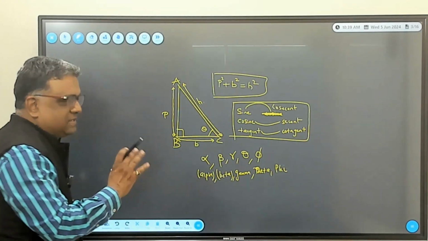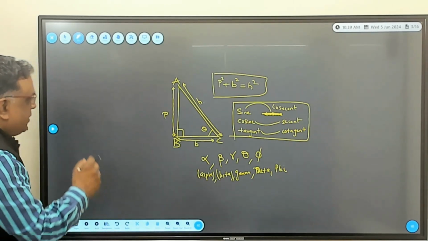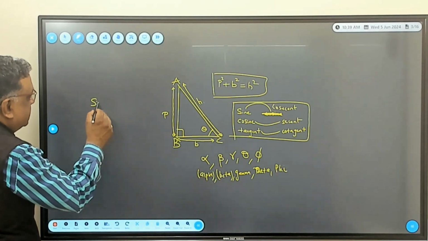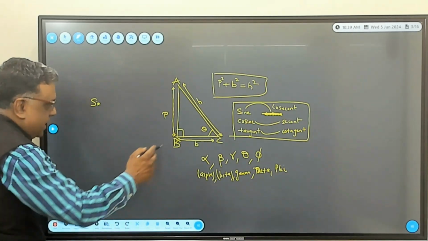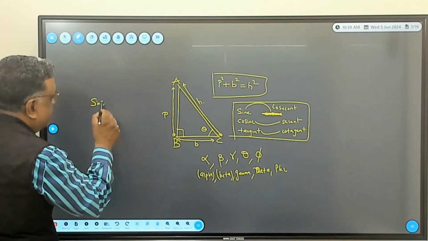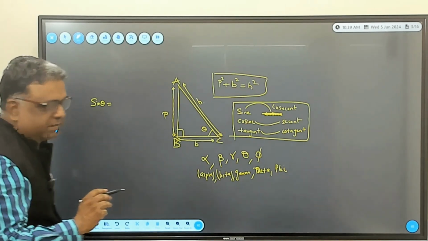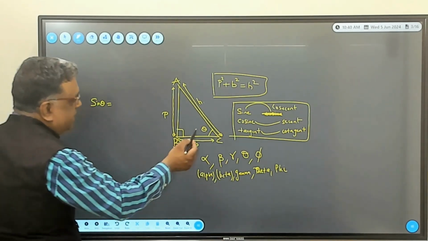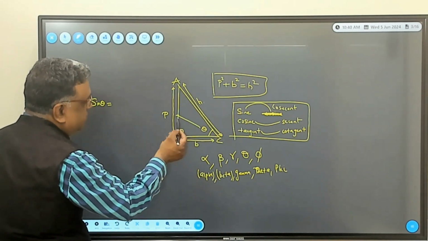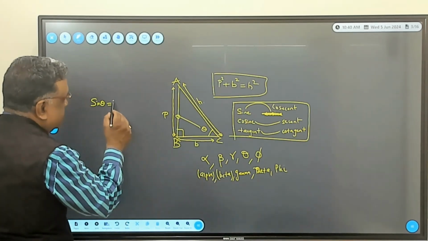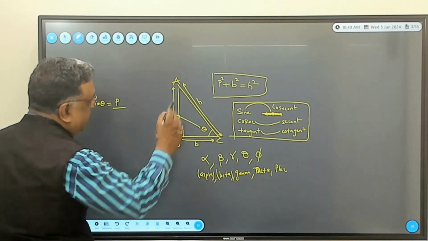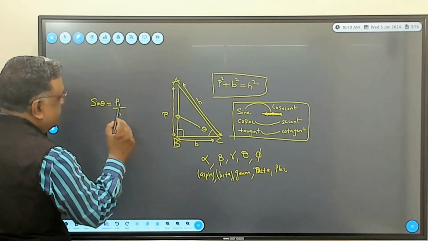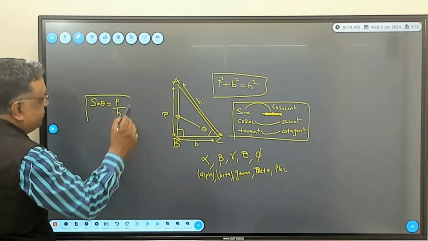So what is the basic definition of all this? Sine of an angle theta is always defined as the side opposite to theta, that is P, upon the hypotenuse. This is the basic definition of sine.